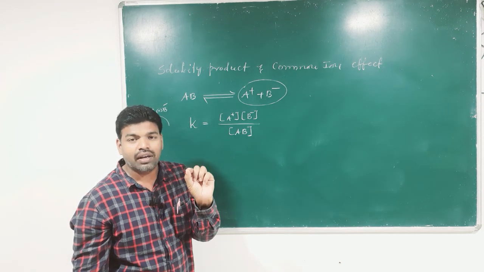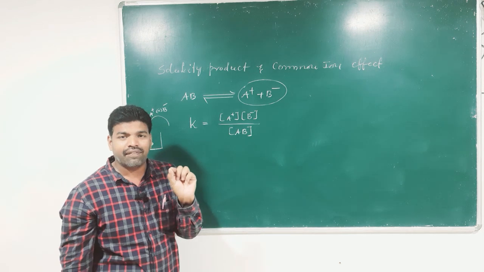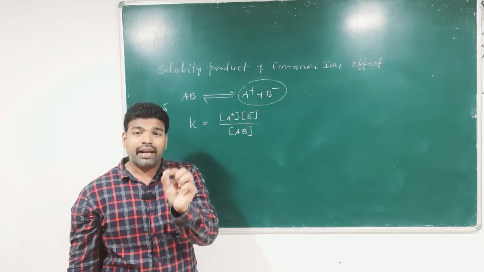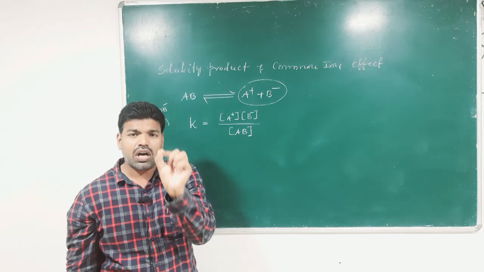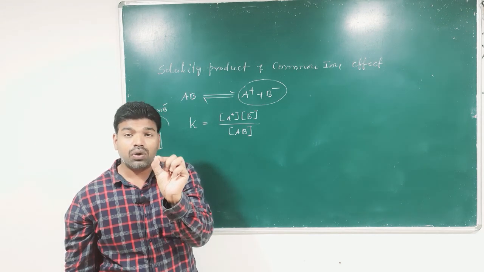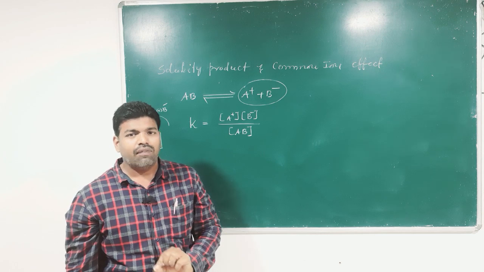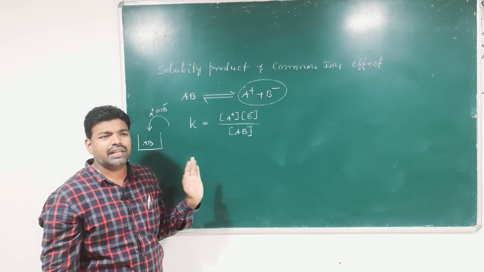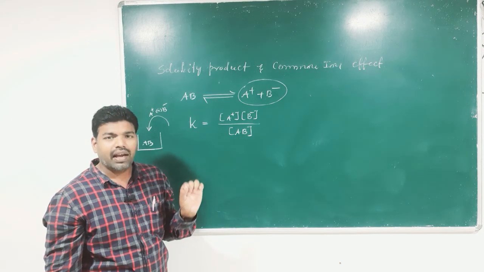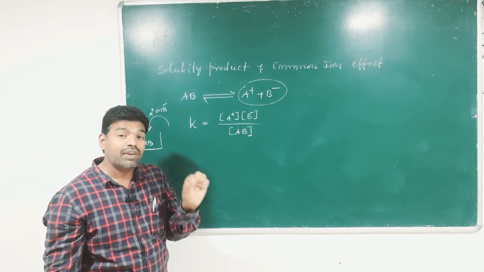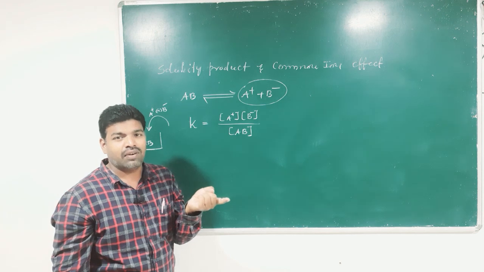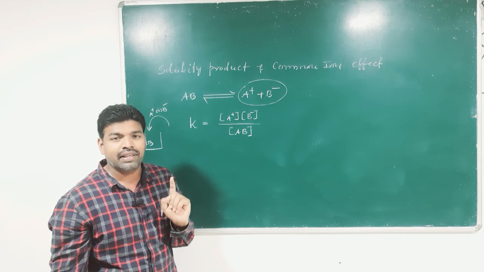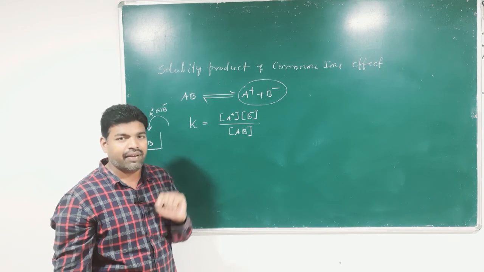You can understand this concept when we are doing the problems. When we are discussing the common ion effect, it is somewhat difficult to understand, but when we do problems, you all will understand the concept of common ion effect.